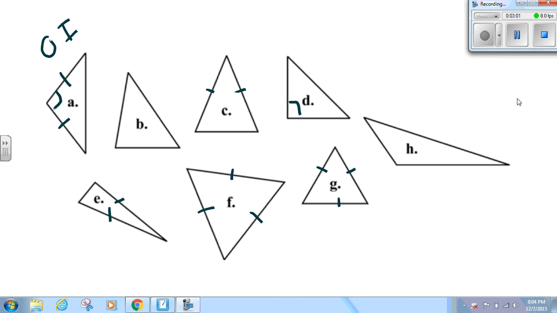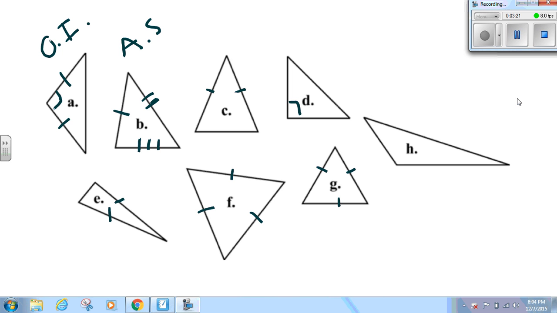In B, I notice that each of these sides are different sizes. So this would be a scalene triangle, and also based on the angles, I can see they're all less than 90 degrees, so this would be an acute scalene.